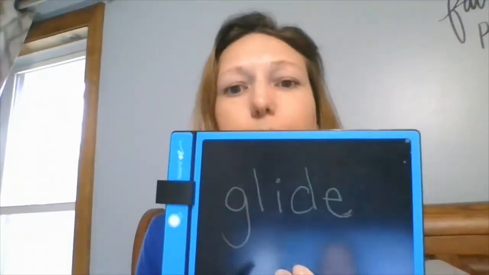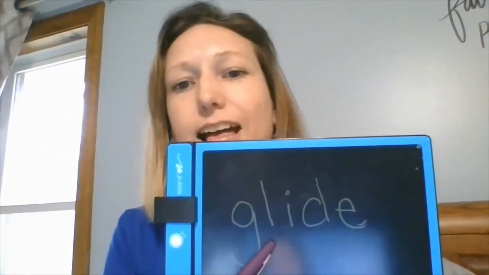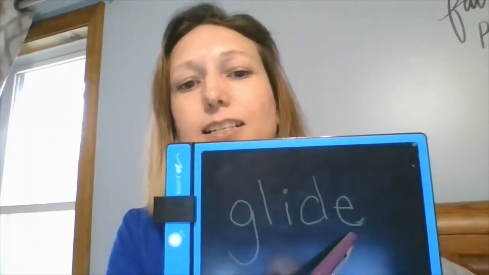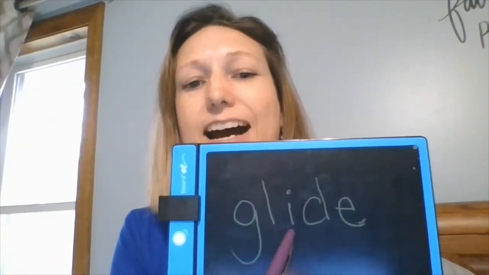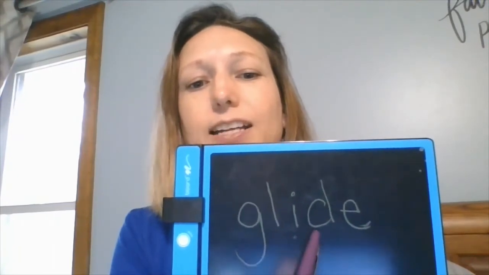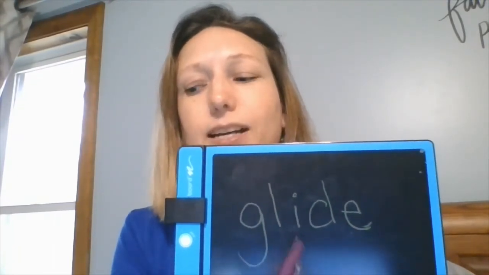Next one, glide. Let's sound that out together. G-L-I-D, glide. You spell glide, G-L-I-D-E. We heard the I say its name, it's long sound, I. So we did I consonant E to help that I say its name.